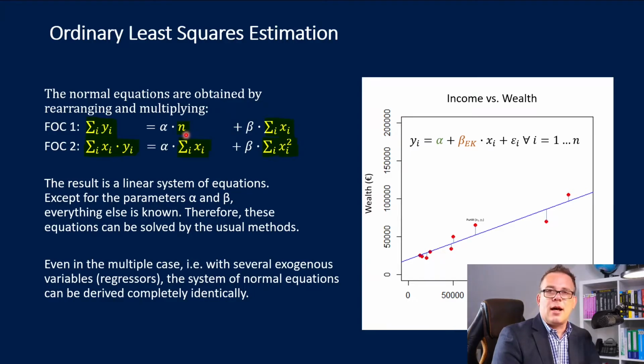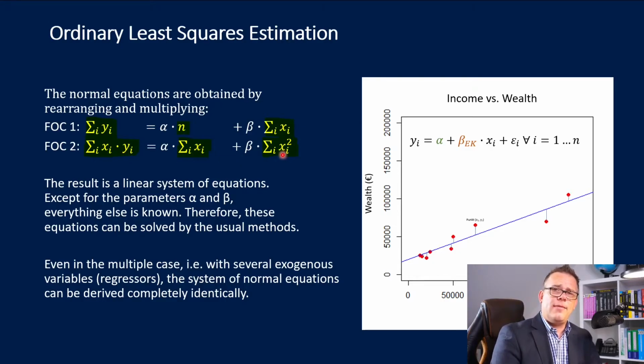Here you have the number n, number of observations, and here you have the sum across all xi's. We know all that. We can simply calculate that because we have an Excel table of all xi's and all epsilon i's. The same is true here: x times epsilon. The same is true here.